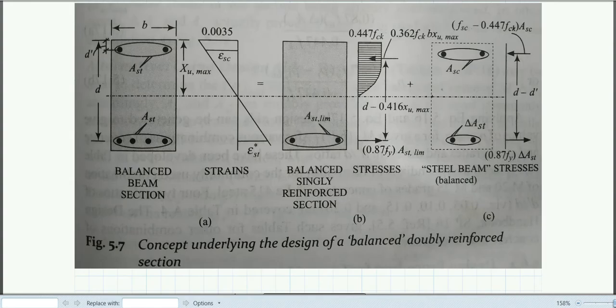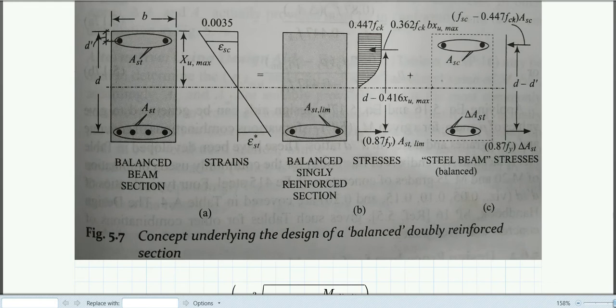Before going into that, I would like to show you how the stress distribution occurs when we consider the compression reinforcement. Here you can see a beam where b is the width and d is the depth, the effective depth.